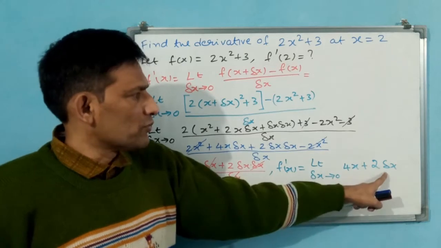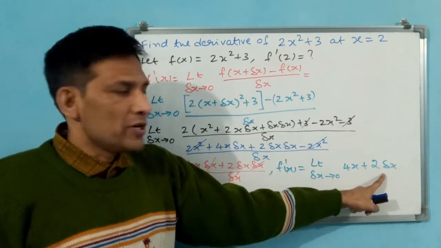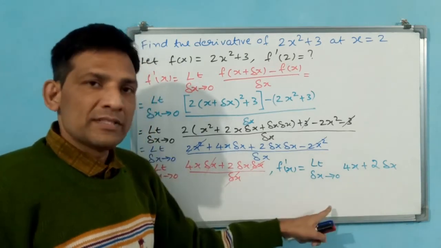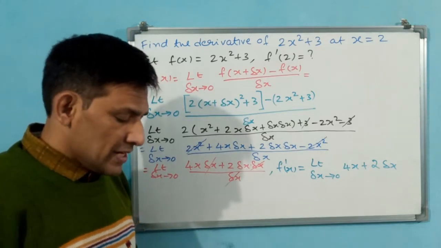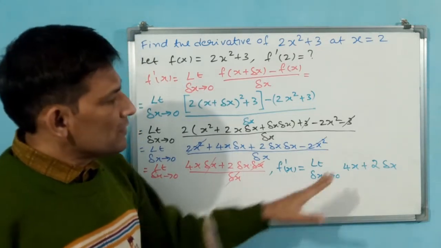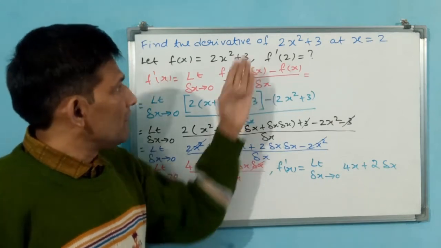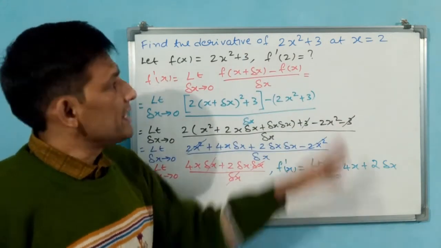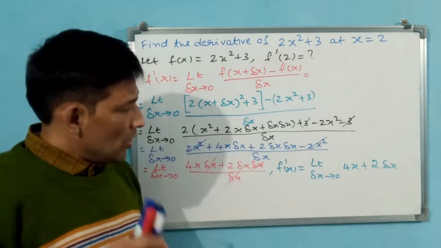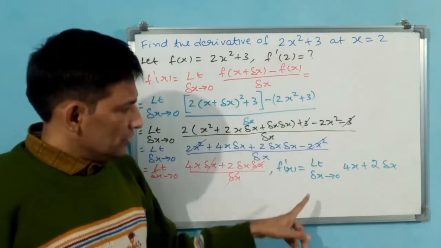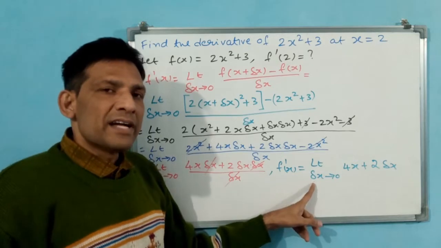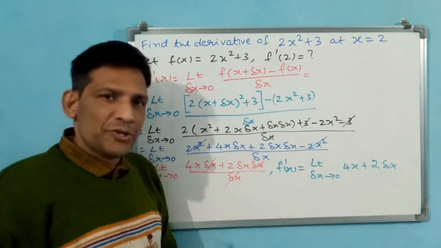Because if you substitute delta x, automatically it is going to become 0, and 4x is going to leave. But it is not like 4x you have to keep like that only. You have to apply first 2. The applying of delta x should be done last. That you keep in your mind.